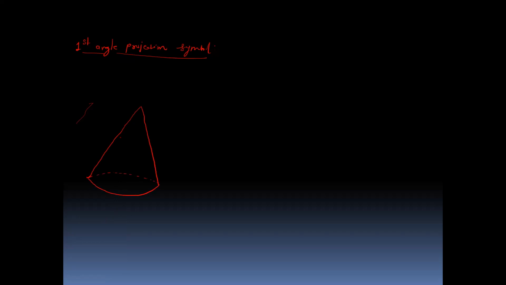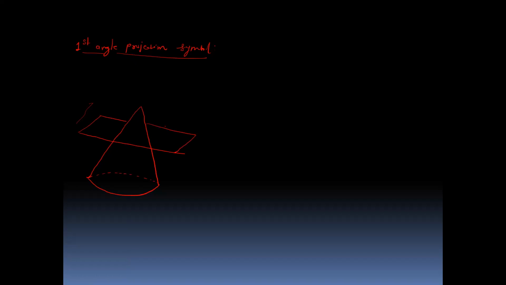Okay, and we will cut this cone exactly parallel to the base circle. So we will imagine there is one cutting plane that is called as a section plane, which is parallel to the base circle, like this.